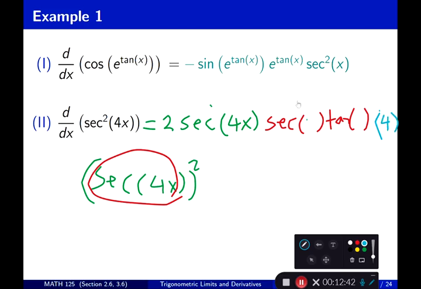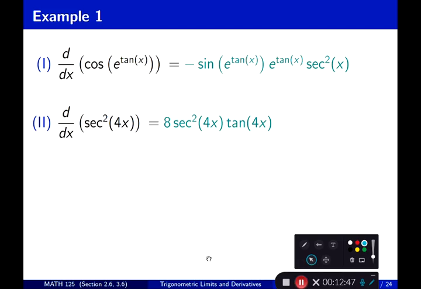It was 4x. Then if you multiply the 4 and the 2, it becomes 8, and then there was a secant in the beginning and secant later, secant of 4x and secant of 4x in the beginning and end, and they become together secant squared 4x.